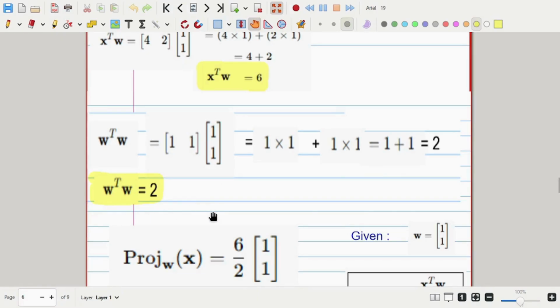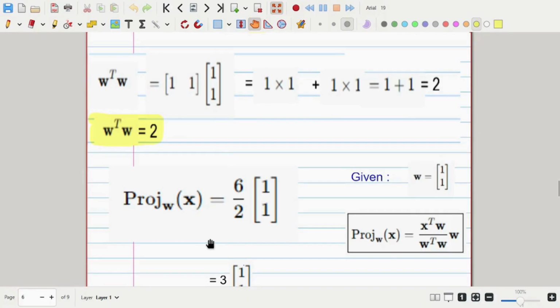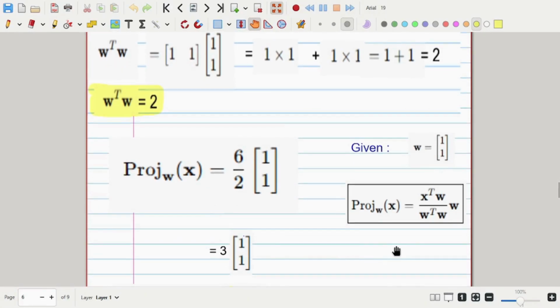Now substitute these values of x transpose W and W transpose W into our formula to calculate the projection of x onto W. So it is 6 divided by 2 multiplied by the column vector with first entry 1 and second entry 1, because our formula for the projection of x on W is x transpose W divided by W transpose W multiplied by W. This W is given.